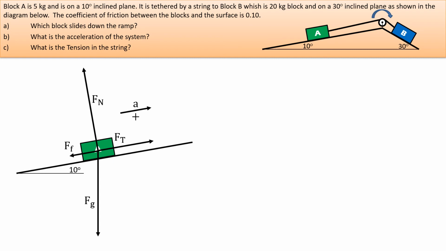Now I alluded to this earlier in a previous lesson, but if we look at our axes this way, we can see that the weight is the only one that's out of alignment, which is why we always break the weight into components, because we want them to be on these axes.